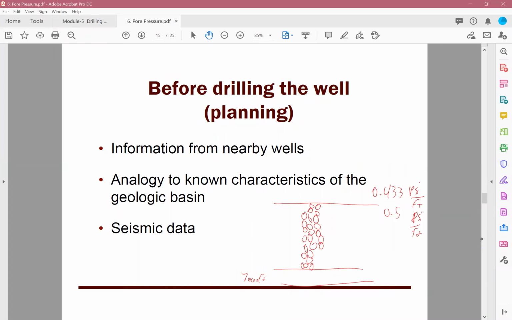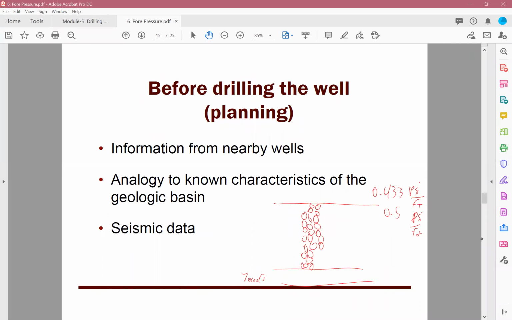So in the normal pressure gradient zone, all these pores that you see are hydraulically connected. So underground, there is no pore space that doesn't have anything in it. That's the first concept you need to know. There is either water, gas, or something in it. If there is a pore, there is something in it.